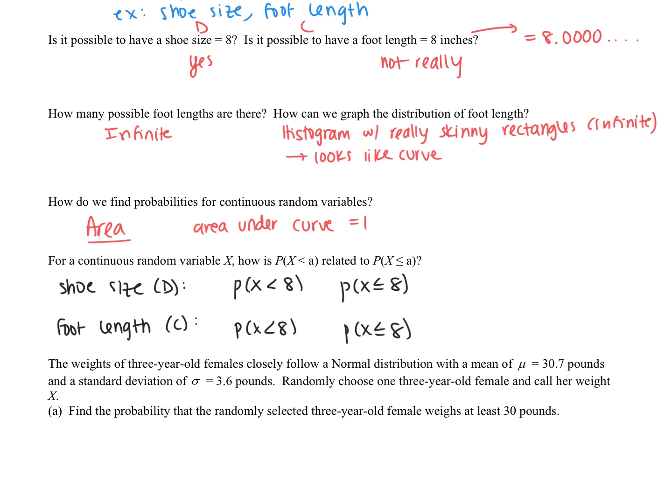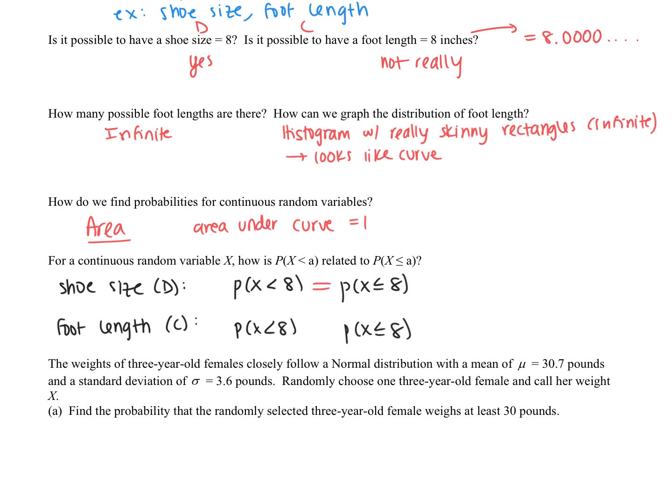If we look at shoe size, is the probability that x is less than 8 the same as less than or equal to 8? Are these two the same? No, right? This includes a shoe size of 8, that one doesn't.